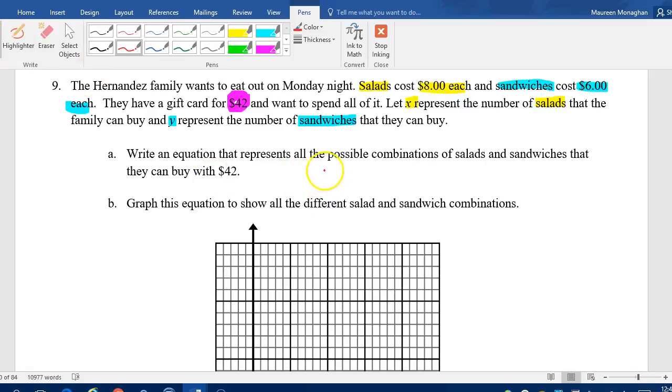So you're always going to have some type of total. Write an equation that represents this situation. So we have 8 times X plus, notice it's just color-coded, 6Y. And that's going to give us our total of 42. We have to graph this. So whenever you graph, we are going to rewrite it in slope-intercept form.